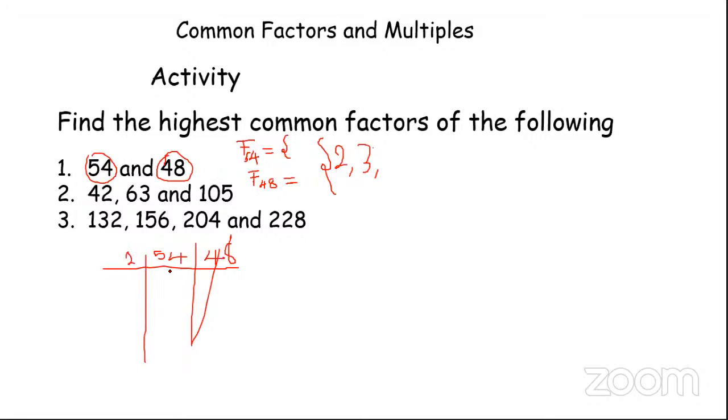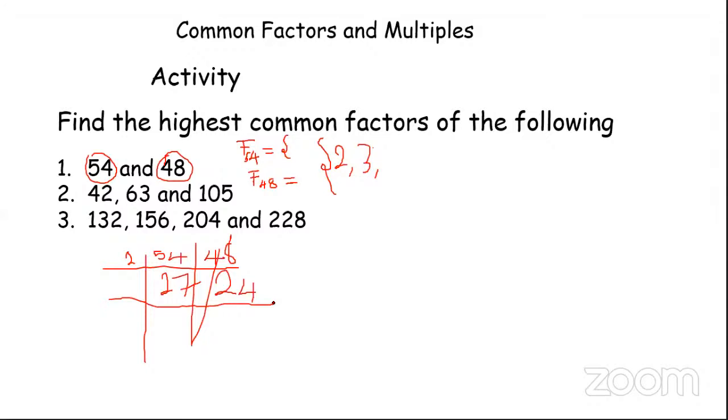What do we get? 54 divided by 2? 27. Yes. Then 48 divided by 2? 24. Okay. So we get another number that is divisible by all of them.